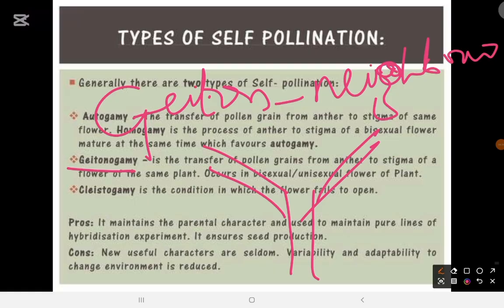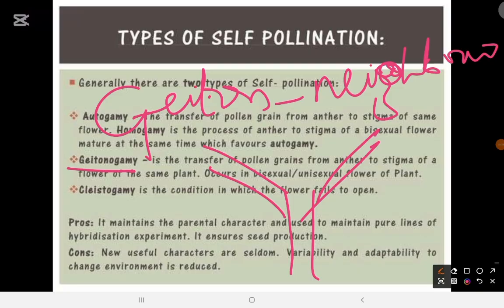And from the geneticist's view, genetically, all flowers on a plant are the same, except if there is transfer. But from an ecologist's perspective, an ecologist views geitonogamy as a form of allogamy, that is, as a form of cross pollination.